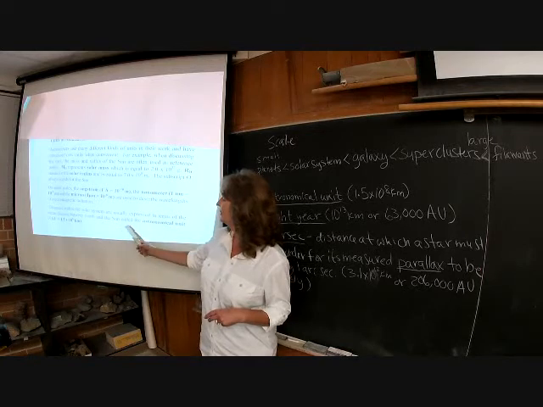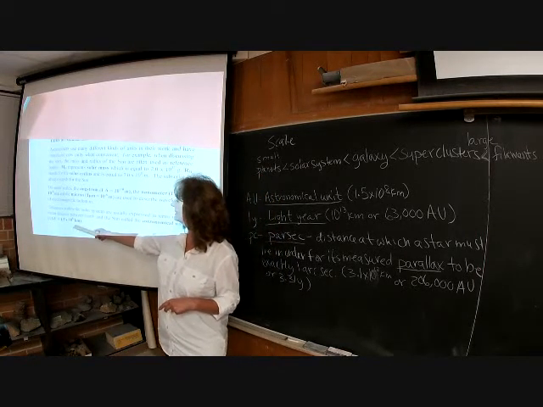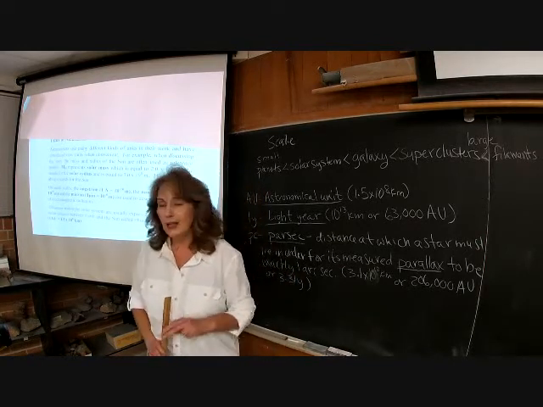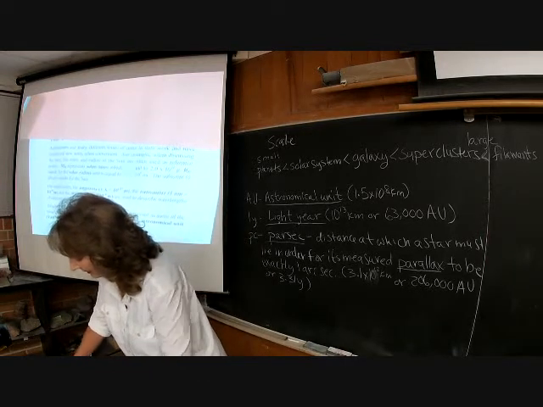And then the larger end of the scale, the astronomical unit, 1.5 times 10 to the 8 kilometers, an average distance between the Earth and the Sun. That's 1 AU.